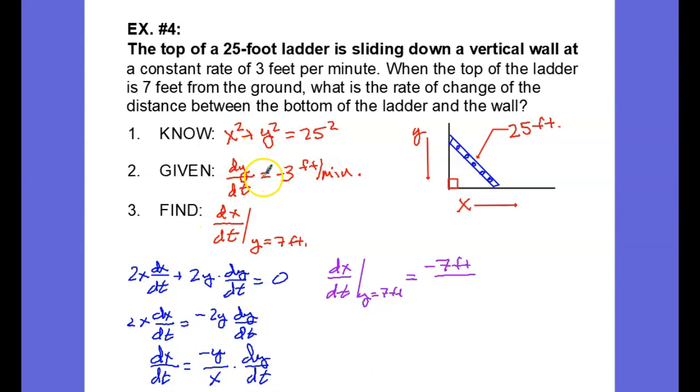So using our Pythagorean relationship, let's go off to the side and find out what x is when y is 7. So we have x squared plus 7 squared is equal to 25 squared, and x squared plus 49 equals 625, and this implies that x is going to be equal to plus or minus the square root of 625 minus 49, but since we only need the positive root, we'll just look at the principal square root.